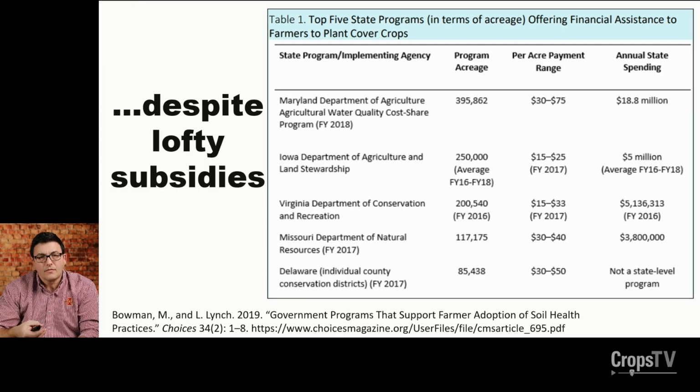So, as I said, these incentives to adopt cover crops occur even in the presence of big cost share payments. And this slide shows a number of cost share payments for different states in the nation.